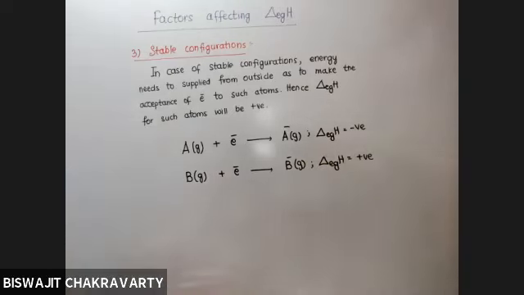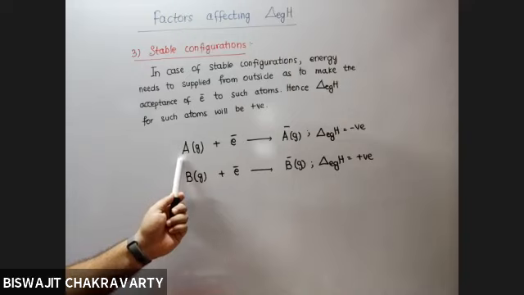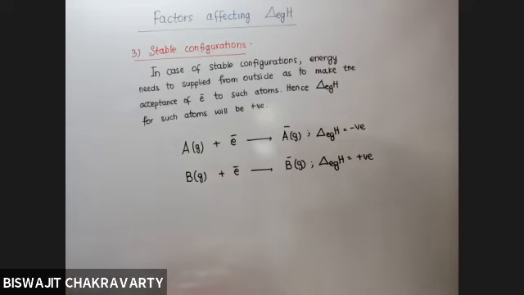If I am asked, out of A minus and B minus, who is more stable? A minus will be more stable. It means that A is in a position of accepting an electron.